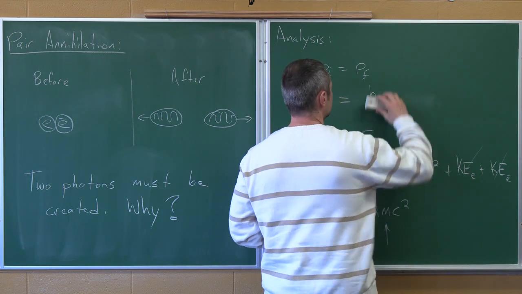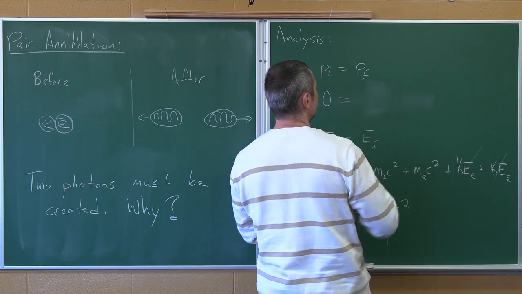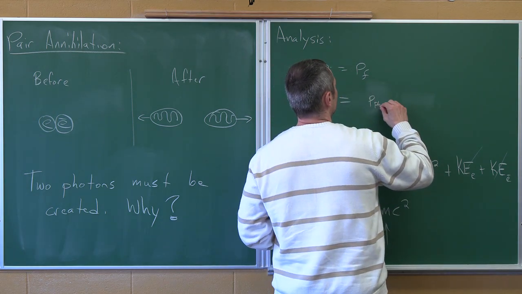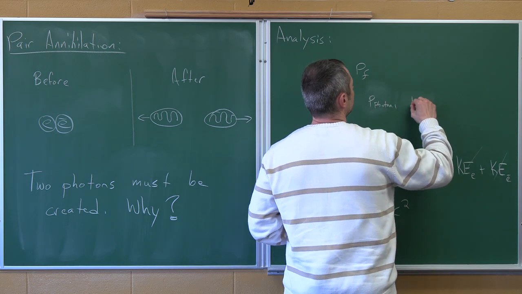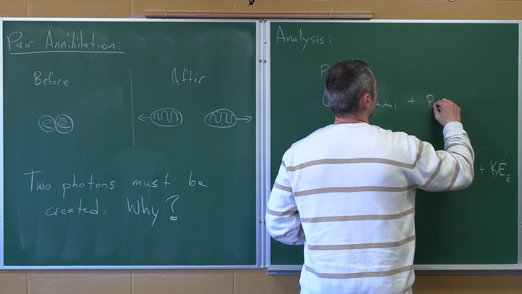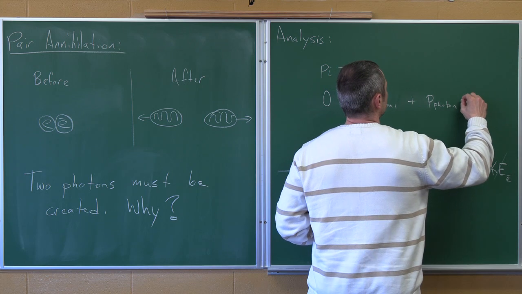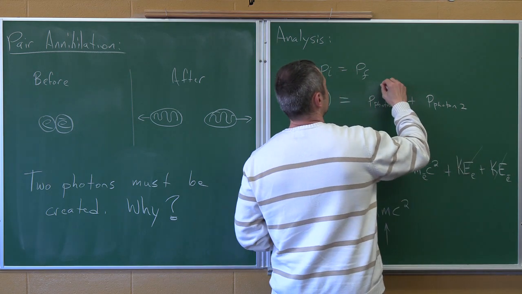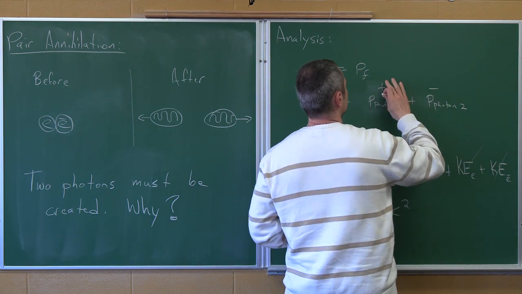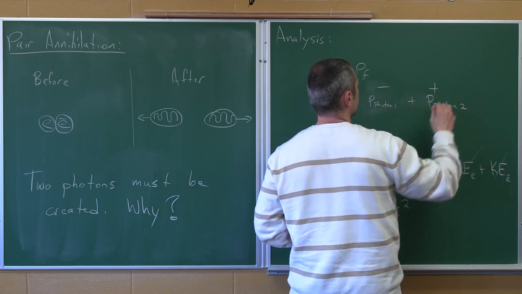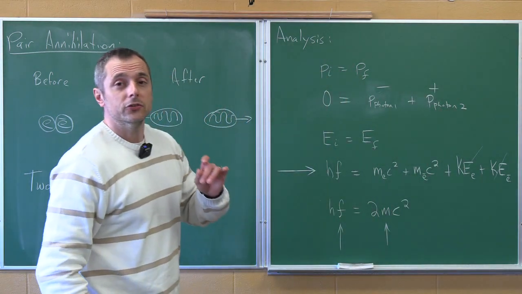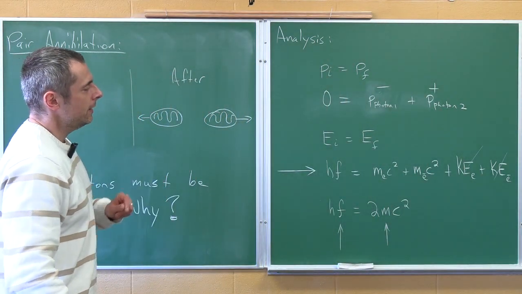Maybe I'll just write like this, because you might not remember that. Let's say P photon 1 plus P photon 2. And so this one, if it's positive, then maybe the one going left is negative and this one's positive, and they add to zero. So you need two photons.